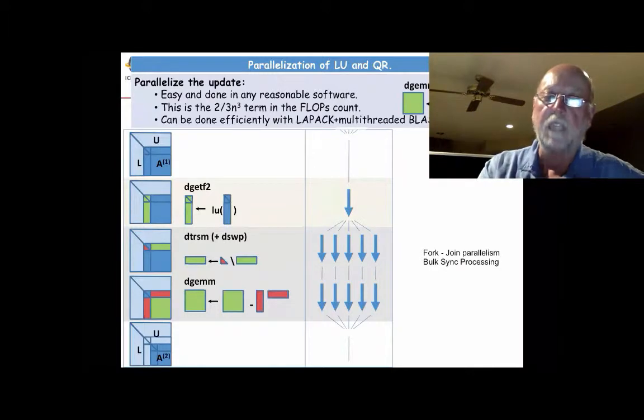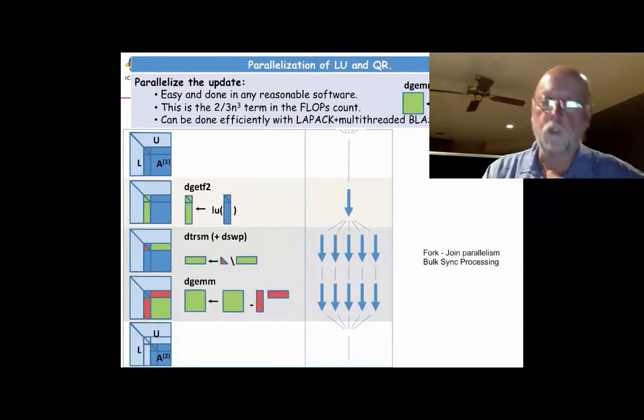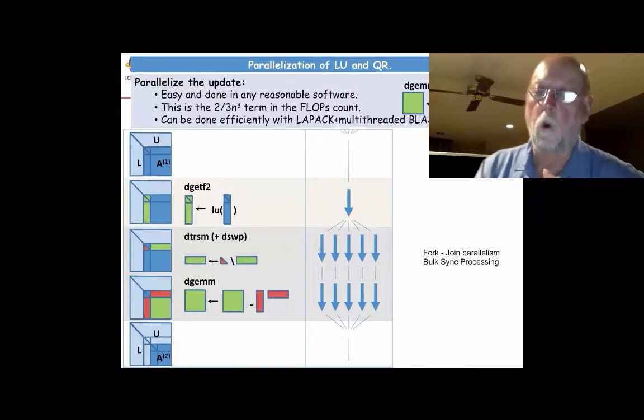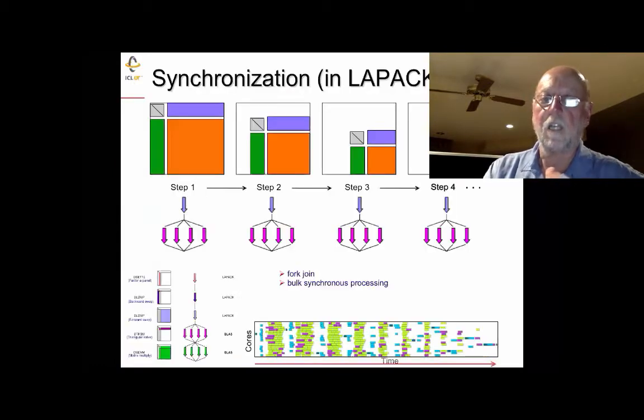We go through a phase of the algorithm where we do something sequential, and then we branch out and do a bunch of things in parallel, and then we join back together again doing things sequentially. And that's something you can't tolerate with hundreds of thousands or millions of cores or threads of execution. That bulk synchronous processing really doesn't cut it. So we have to think about exploiting things a little bit differently.